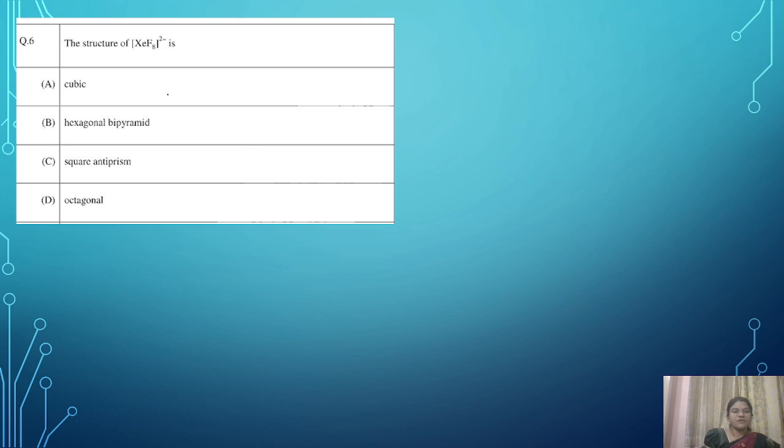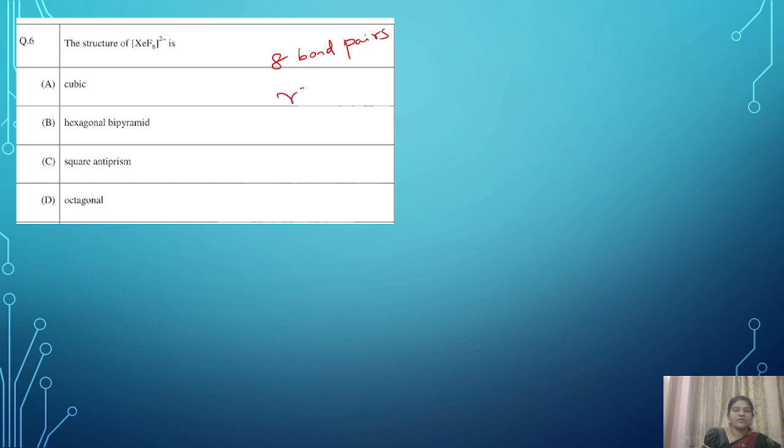And then the structure of xenon octafluoride. Okay, is it cubic, hexagonal bipyramid, or square antiprism, octagonal? We have to find out. Here there is no lone pair of electrons. There are totally 8 bonding pairs.